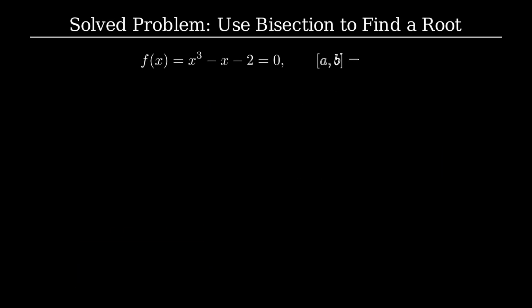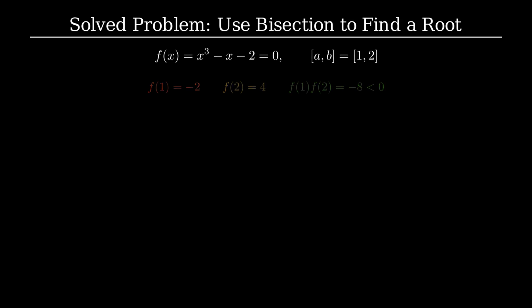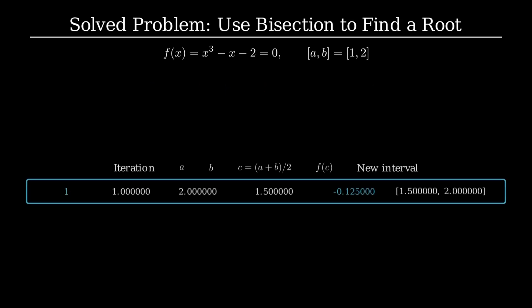We will solve x cubed minus x minus 2 equals 0. At x equals 1, the function is minus 2. At x equals 2, it is 4. The product is negative, so a root is bracketed. Iteration 1.